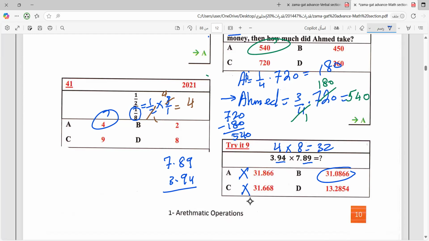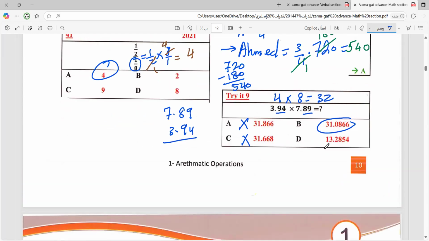So the answer is near 31. So the answer is B. Is it easy this way? Do you understand, my student? Yes. Right. No need to multiply the normal way. In GAT, you should use your mind to find the answer by a short way.